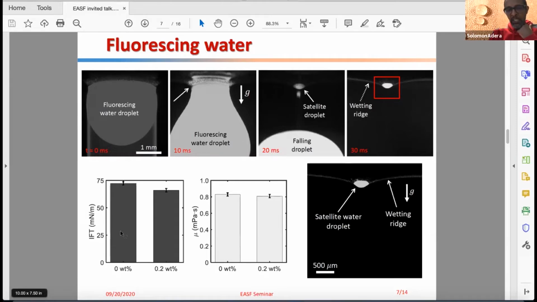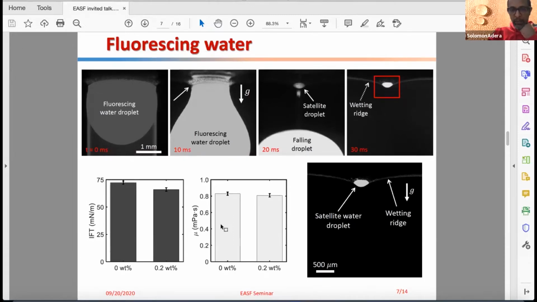As you can see, the surface tension is nearly identical within the measurement uncertainty, and so is the viscosity. For both, the change was less than 10% from adding the fluorescent dye.